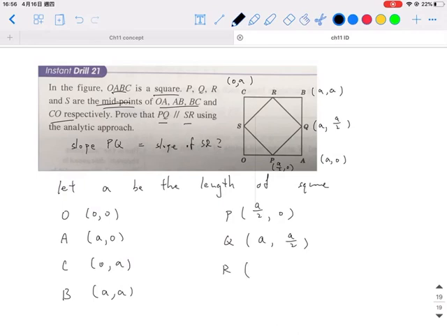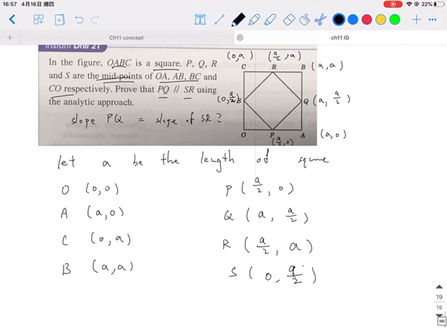And then R, the x coordinate will be A/2, and the y coordinate is A. And the last one is S, the x coordinate is 0, and the y coordinate should be A/2. So we can get these four coordinates.